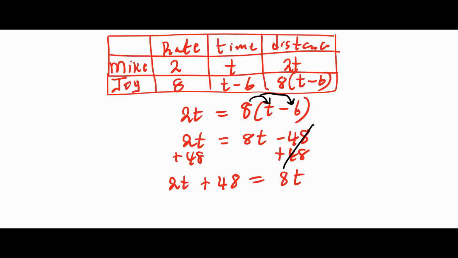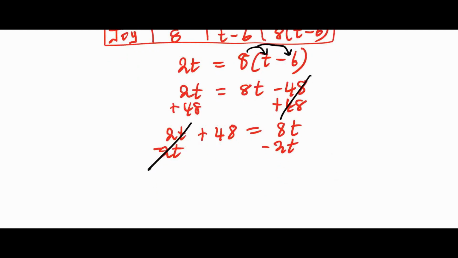We can also subtract 2T from both sides, and 2T minus 2T is 0, so cancel that from there, and now we have 48 equals 6T.